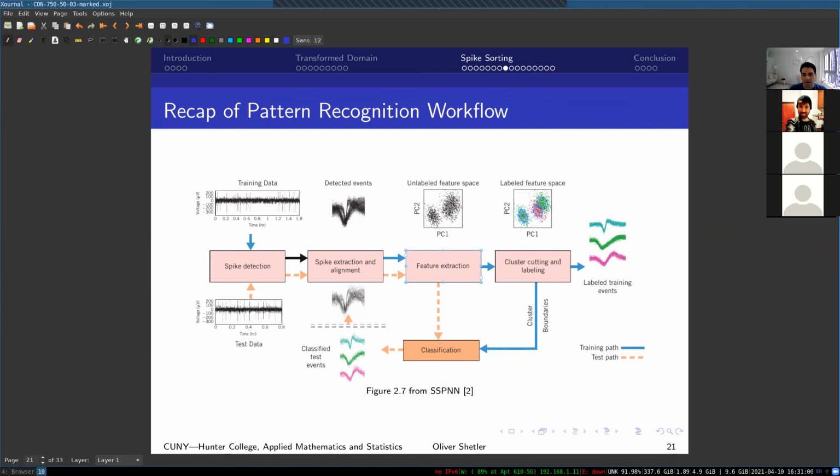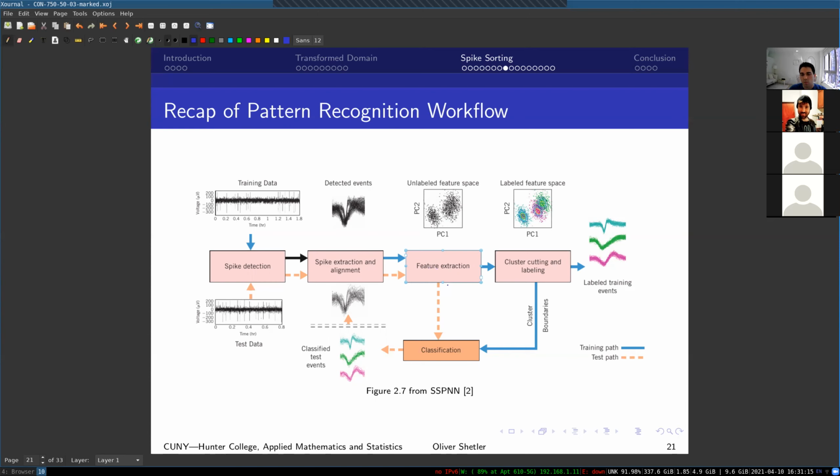And after that kind of cluster cutting or labeling, or after some other implementation of an algorithm, for instance, if we have some ground truth already established, we might use other machine learning techniques. We then classify the various events into different categories. And we assume that these categories represent different sources, different neurons that have generated these various spikes.